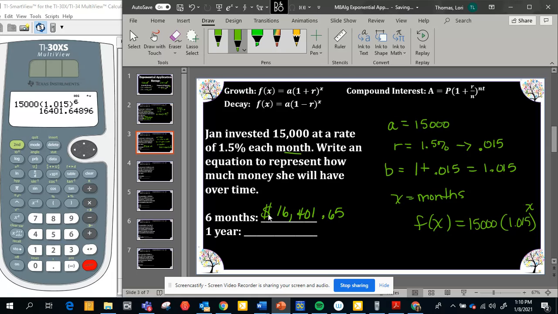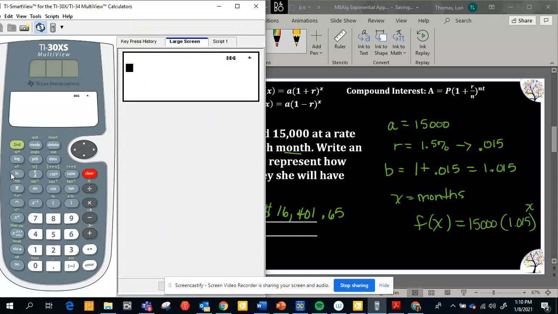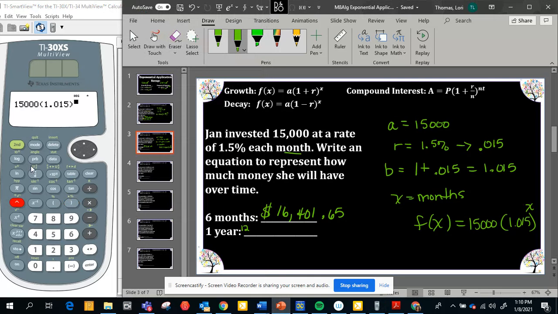So this is going to be 16,401.65. Now the next time we plug in, we can't just plug in 1 for x because x is months, so we're going to plug in 12. Okay, so we're going to plug in 12 for x. So we have 15,000 times 1.015, and then that is raised to, and what do we say? 12.